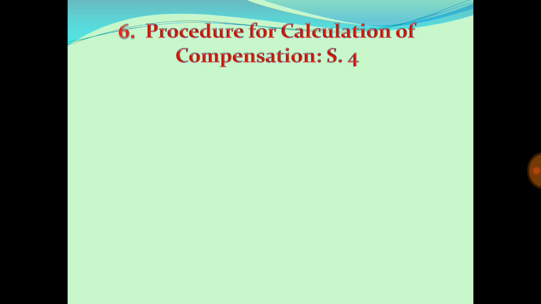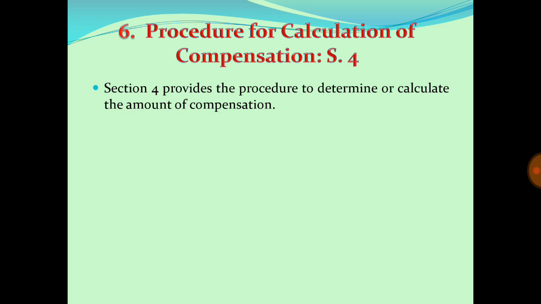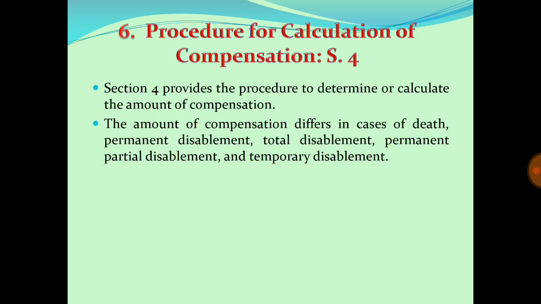Then we must see what is the procedure for calculation of compensation. Section 4 of the Act provides the procedure for calculation of compensation, and according to that the amount of compensation shall be different for death, permanent total disablement, permanent partial disablement, and temporary disablement.